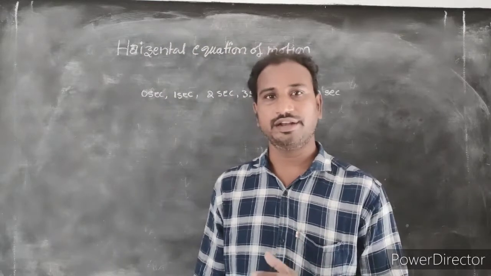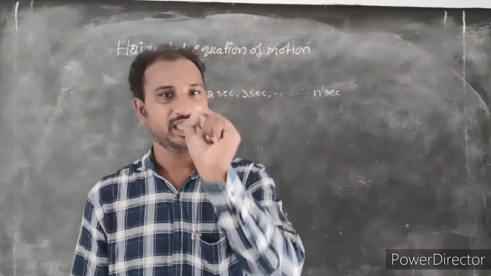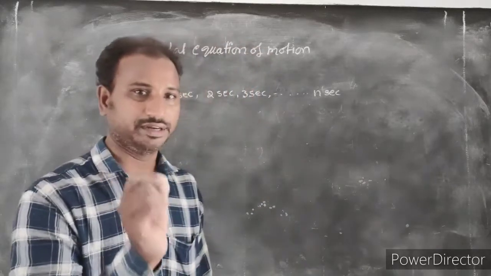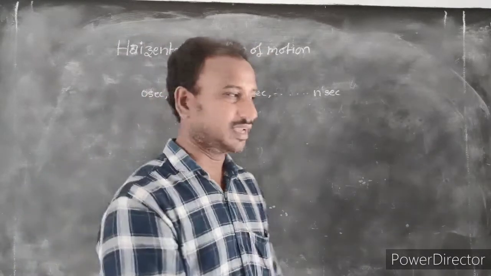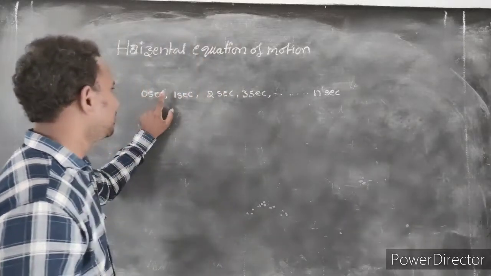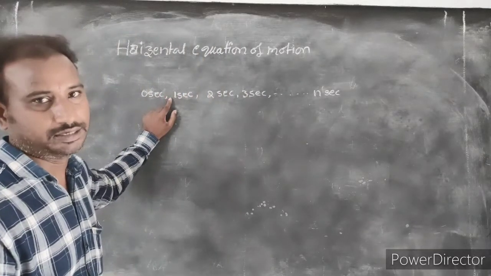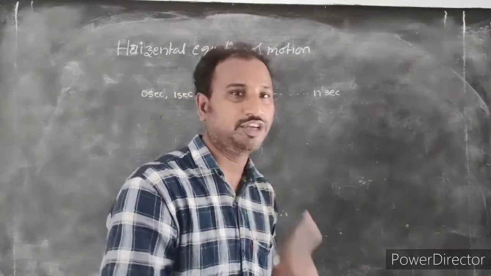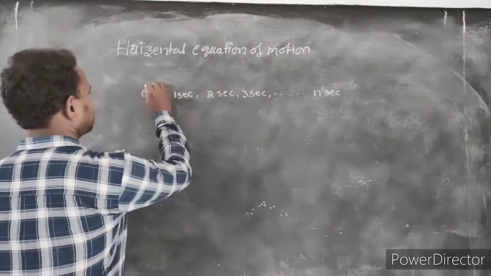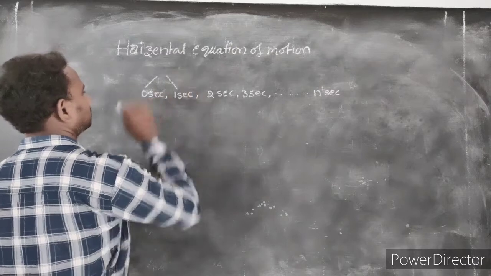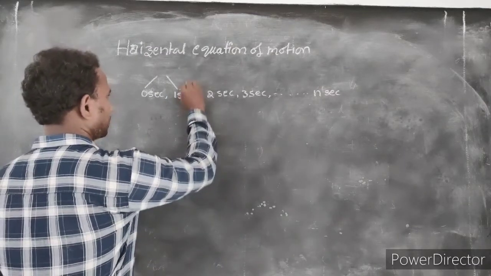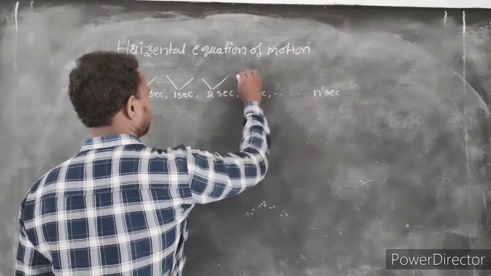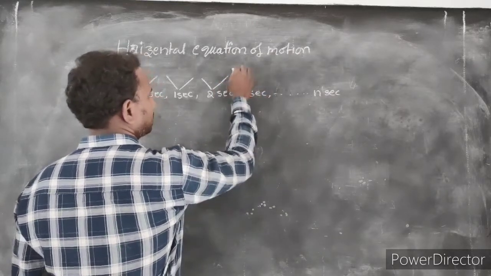Now we have to find the displacement at the nth second. The meaning of nth second is the one gap between two consecutive incidents. We have to consider this point. What is the gap between 1 second and 2 seconds? What is the gap between 2 and 3 seconds?